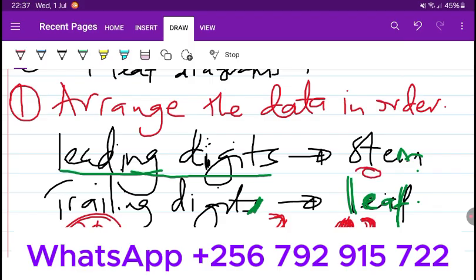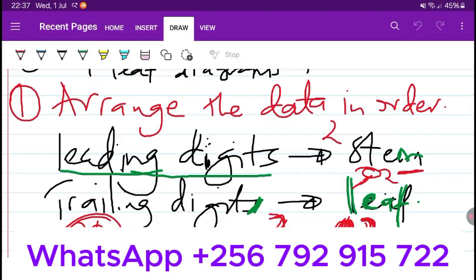But when you have 0 as your leading digit, most of the time we don't write it, because someone writing 02 and someone writing 2 mean the same thing. But the implication is that we have a stem of 0 and a leaf of 2.